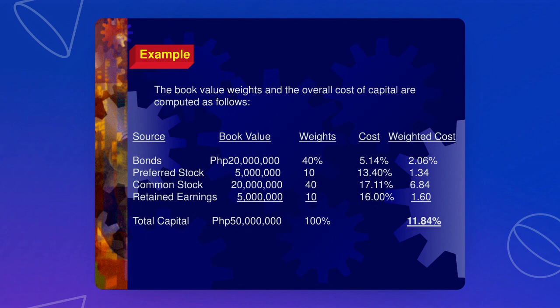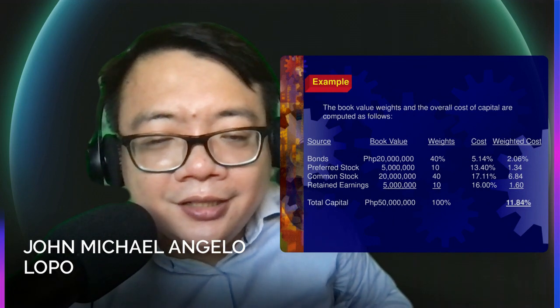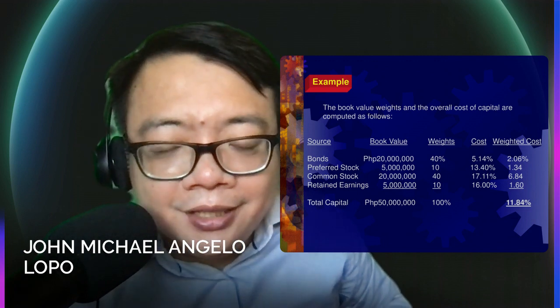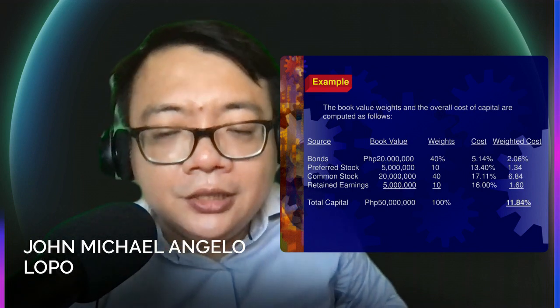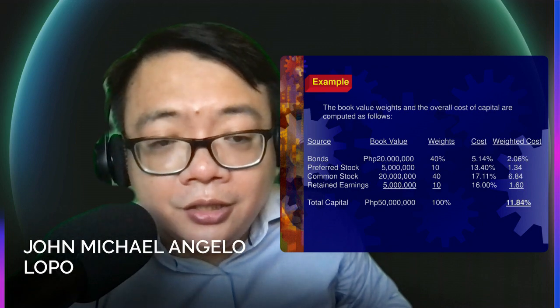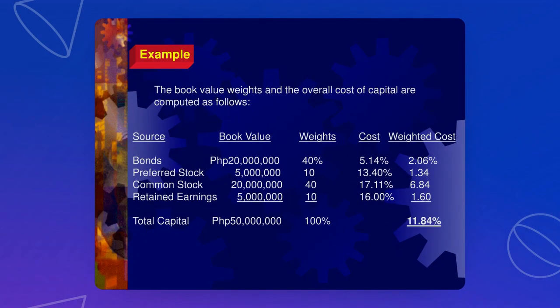Saan galing ang 5.14, 13.40, 17.11, and 16? If you remember, yan yung kanina kinumpute natin about our cost of bonds, cost of preference shares, cost of ordinary shares, cost of retained earnings. Hopefully, naalala nyo pa yan. So, meaning to say, class, yung cost of each capital, yan yung ginawa natin.